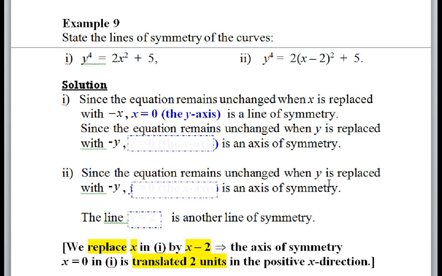I replace x with negative x, I will get the same y, so the y-axis is the axis of symmetry. If I replace y with negative y, I will still get back the same thing. Therefore, the x-axis is a line of symmetry.